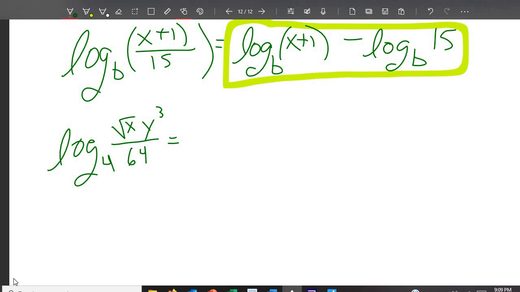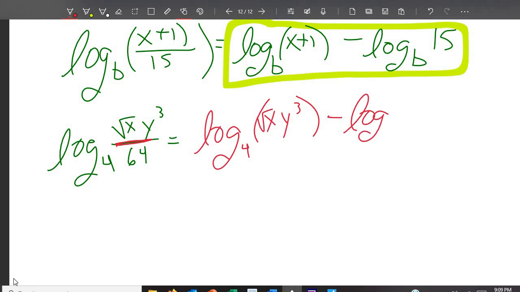Now, it's going to be a subtraction because of the quotient. So we do quotient first, break it apart, log base 4 of the numerator minus log base 4 of the denominator.